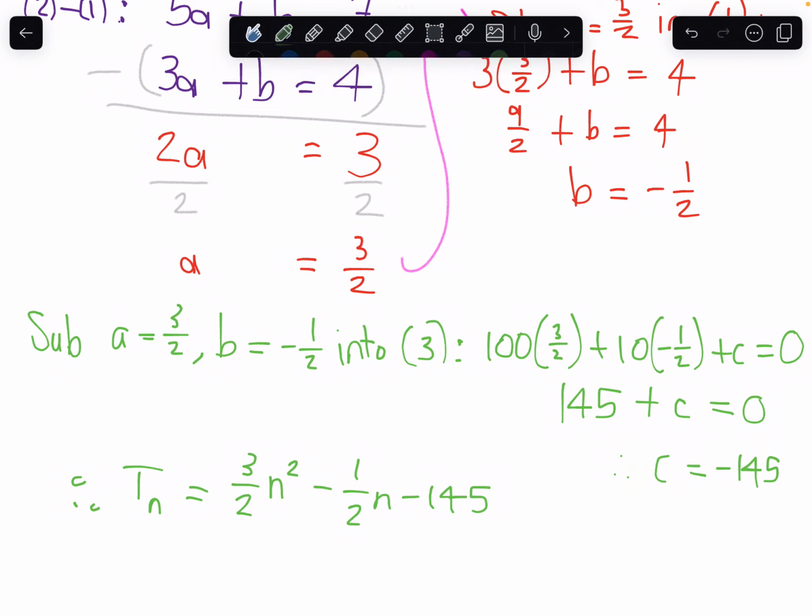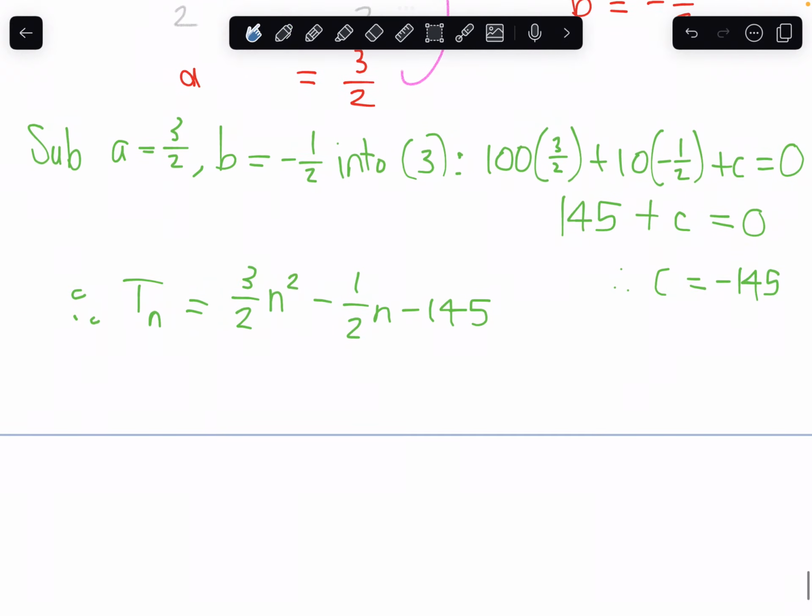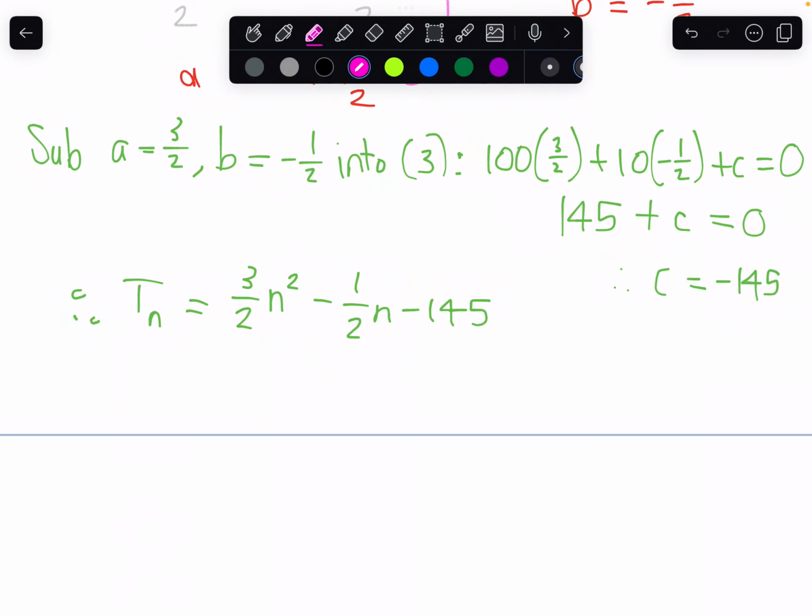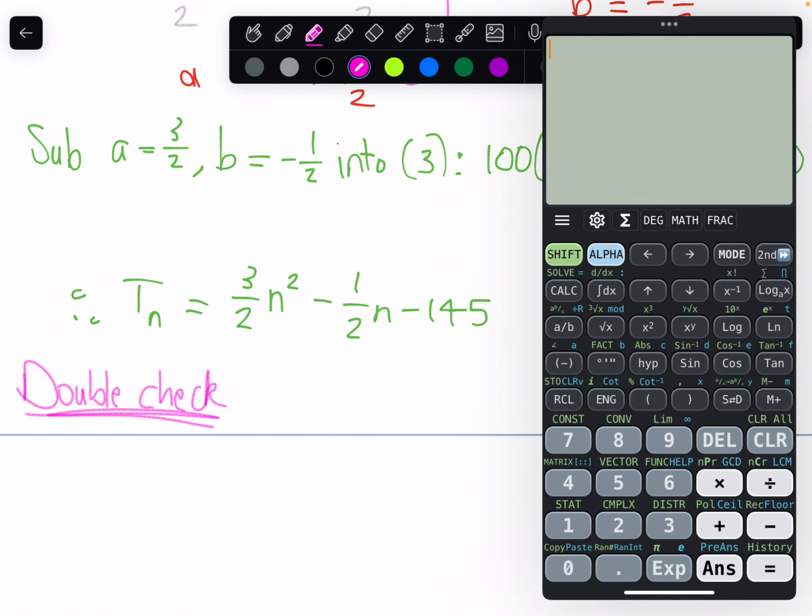Yeah, so I mean, if you have time in your exam, it's always worthwhile to just double check. So what I would do for this double check is I would literally just calculate the first 10 terms. I don't think it should be hard. So the first term, so yeah, definitely something you only want to do if you have time.